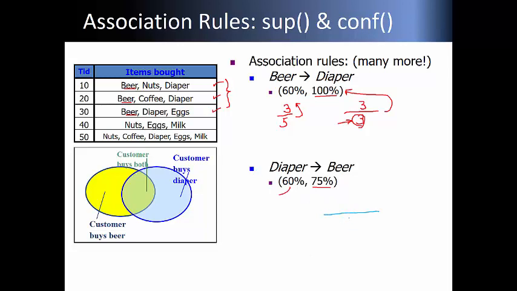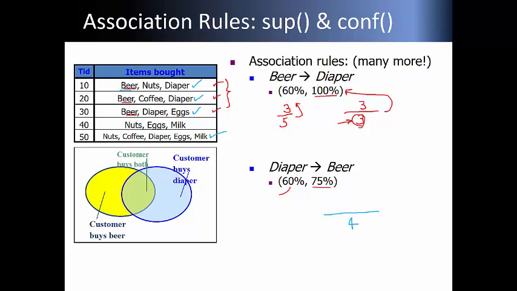So here, for the denominator, I need to find out the number of records that have diapers. So I have here diaper, diaper, diaper, and here diaper, right? How many? So 4. How many has a beer among them?